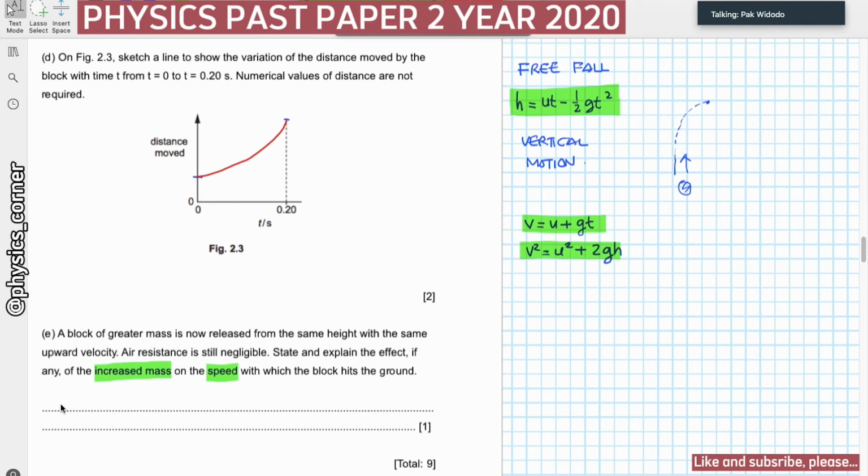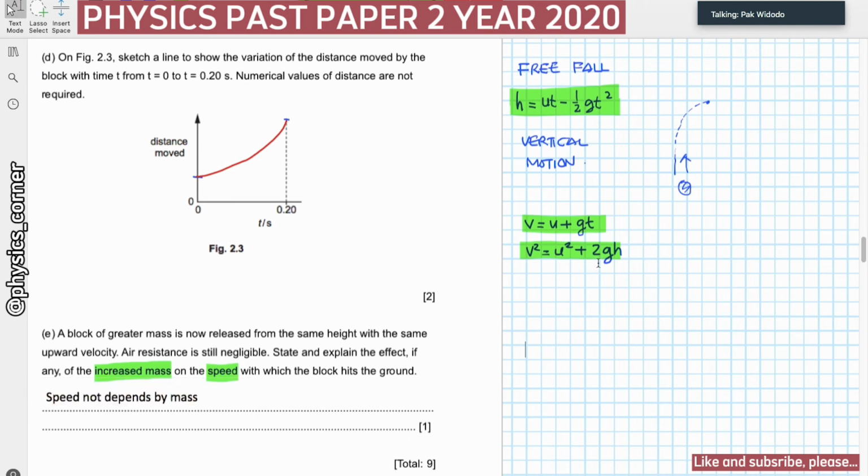Kita bisa sebut di sini bahwa speed not depends by mass, ya. Speed does not depend on mass. Nggak ada hubungannya mass dengan kecepatan, ya.